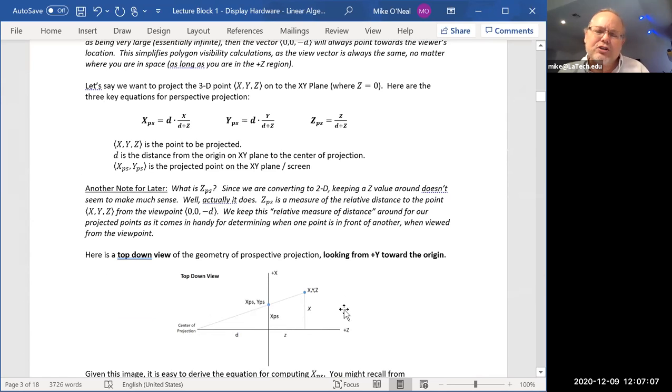And our objects, here's the point, a vertex of an object, exist out here in positive z space. We exist in negative z space. So if you're thinking about things, this is the real world. This center of projection, this is my eyeball, or it's modeled where my eyeball is.